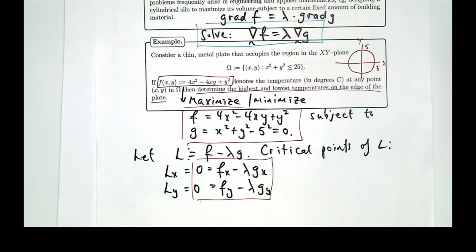One's just written compactly with squiggles and triangles. The other one's written out in a longer form. So if you're doing a problem like this, I don't care which way you solve it. You can solve it using that above, grad f equals lambda times grad g, that's fine. Or you can define the Lagrangian L, differentiate it and set it to 0. It's the same problem. Okay?